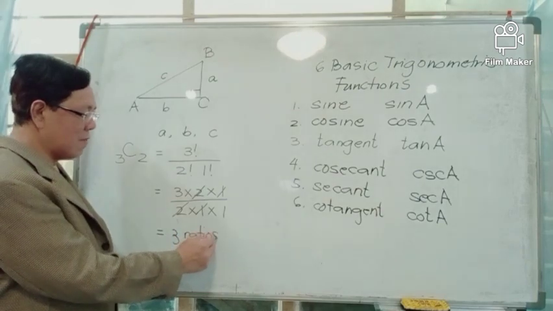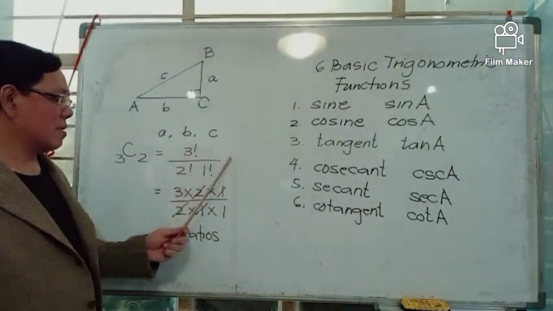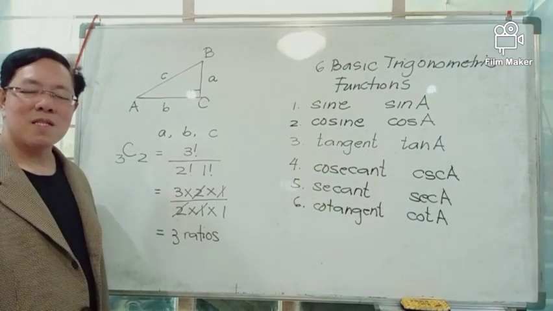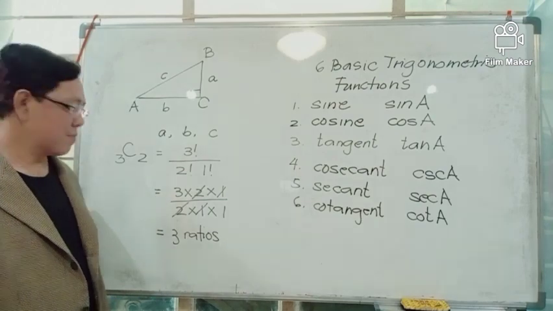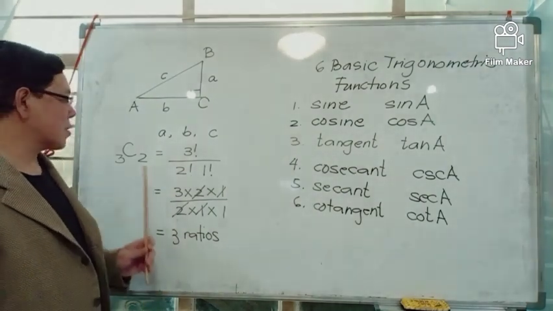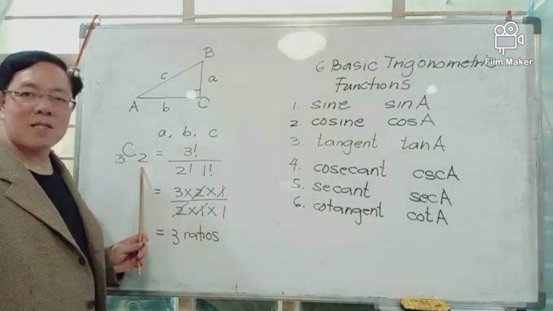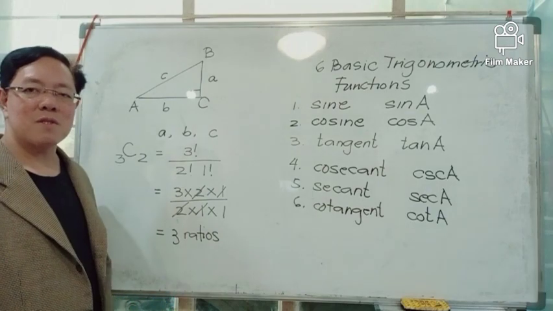Hence, if we have 3 sides A, B, C, and we need 2 sides at a time to form a ratio, the number of possible ratios that can be formed by selecting 2 sides out of 3 sides is 3 ratios.